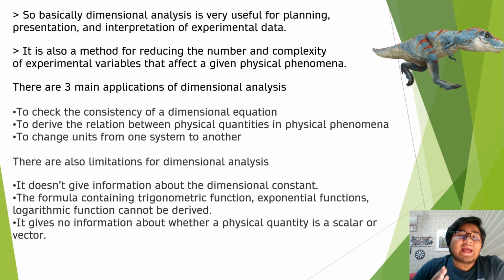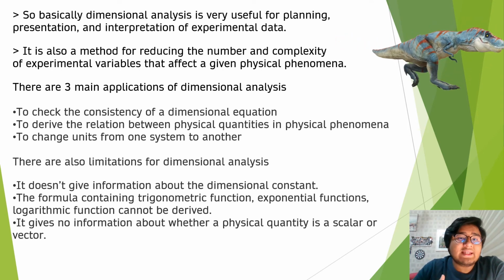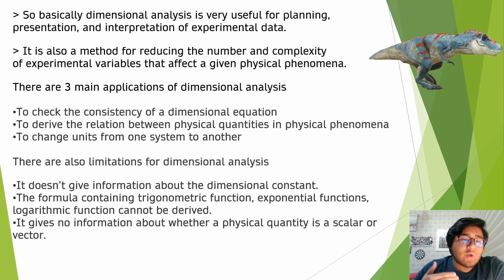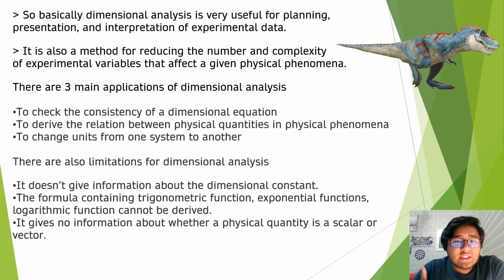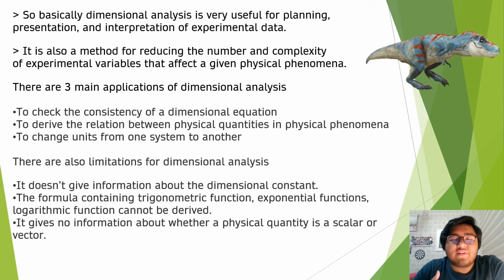Basically, dimensional analysis is very useful for planning, presentation, and interpretation of experimental data. It is also a method for reducing the number and complexity of experimental variables that affect a given physical phenomenon.